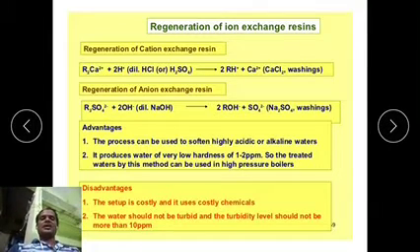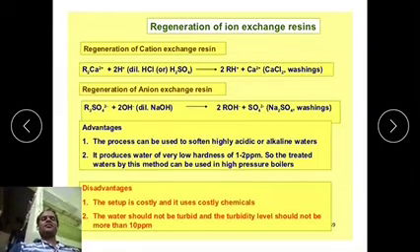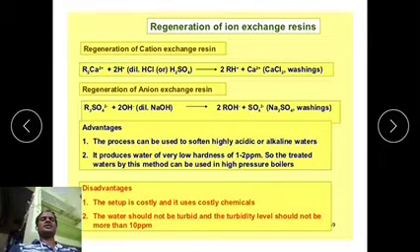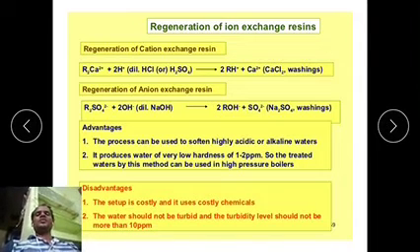The cation exchanger converts to resin carboxylate, and the anion exchanger converts to resin sulfate or resin chlorides, etc.